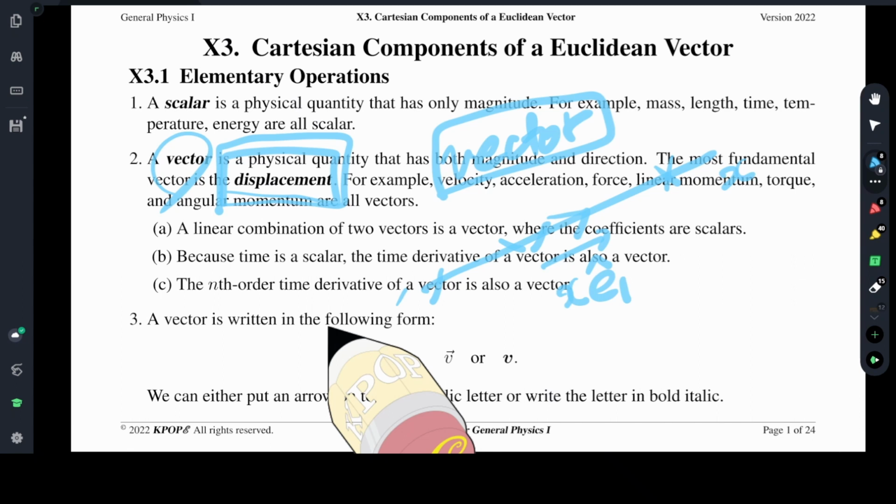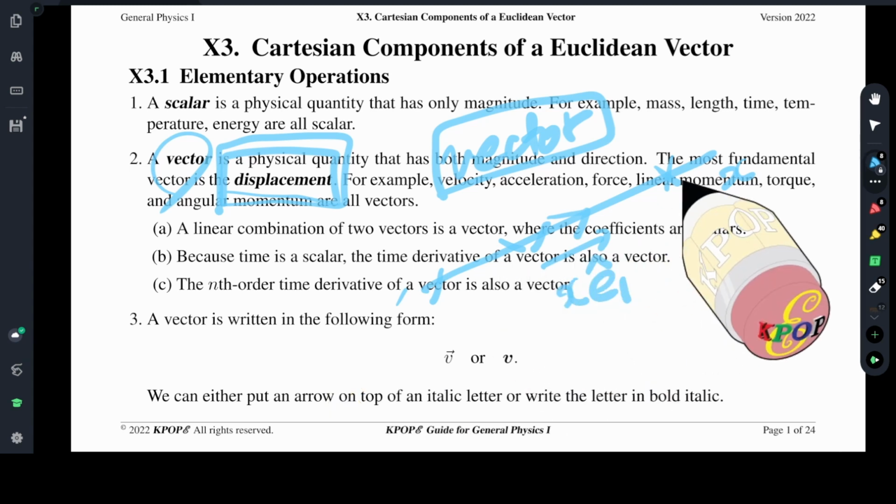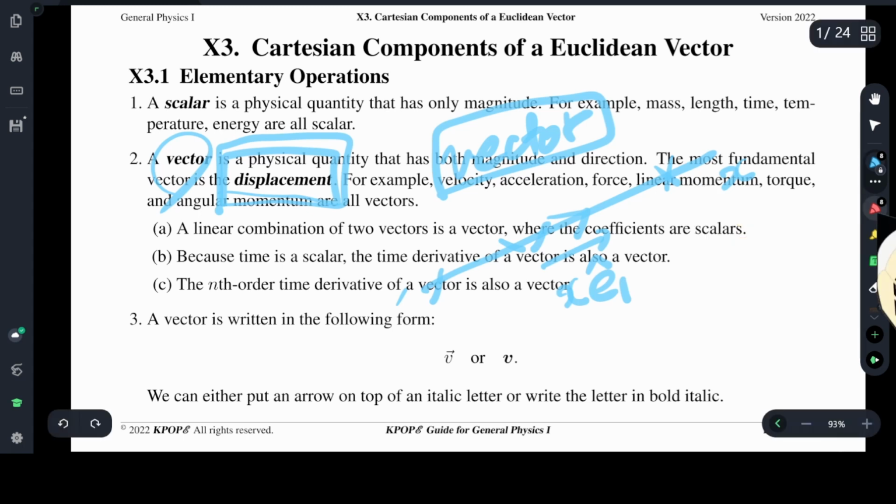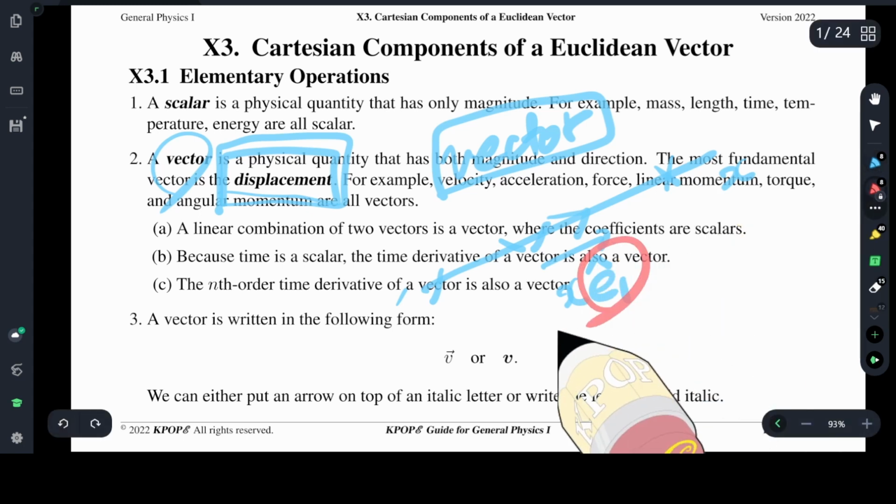In two-dimensional Euclidean space, there is another direction that is perpendicular to the original direction. Sure, it doesn't have to be perpendicular. At least it has a component that cannot be described by the original basis.